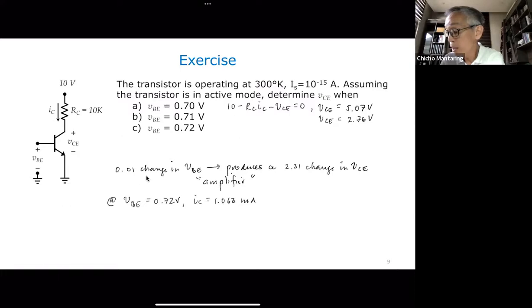This is assuming active mode. Let me try to compute for VCE. VCE is equal to 10 minus RC times IC. Lo and behold, I'm going to get negative 0.632 volts. This is a negative number.